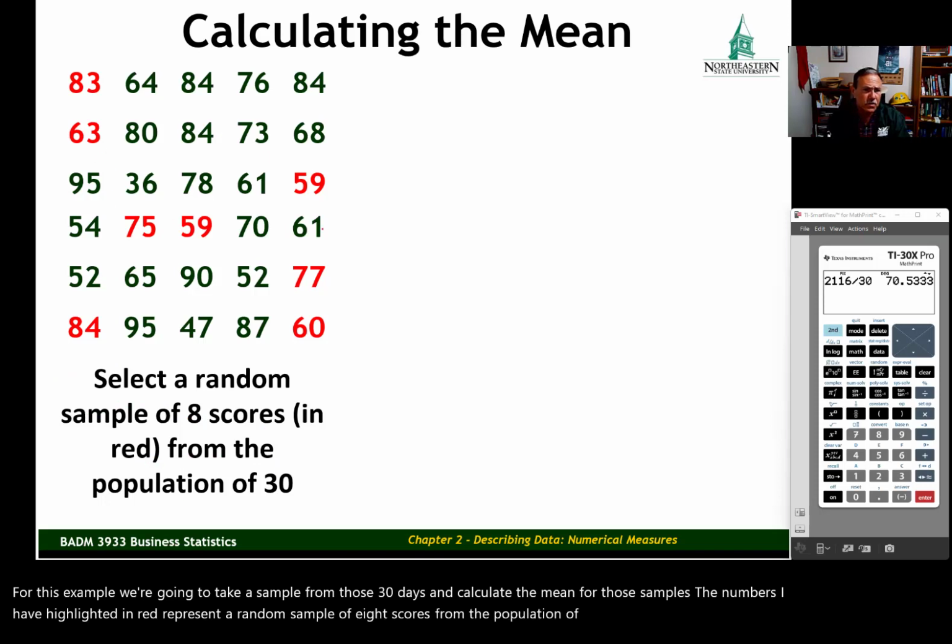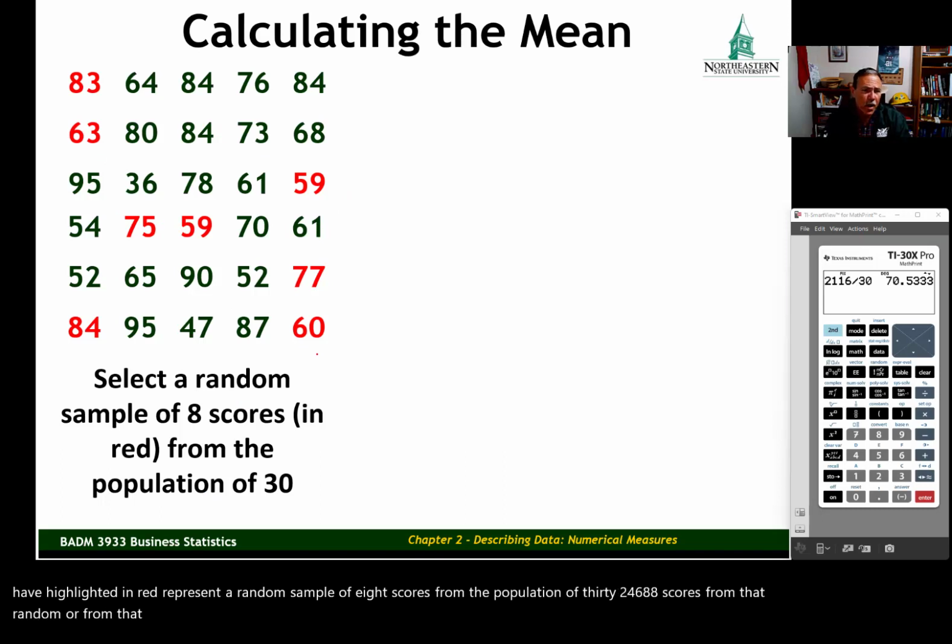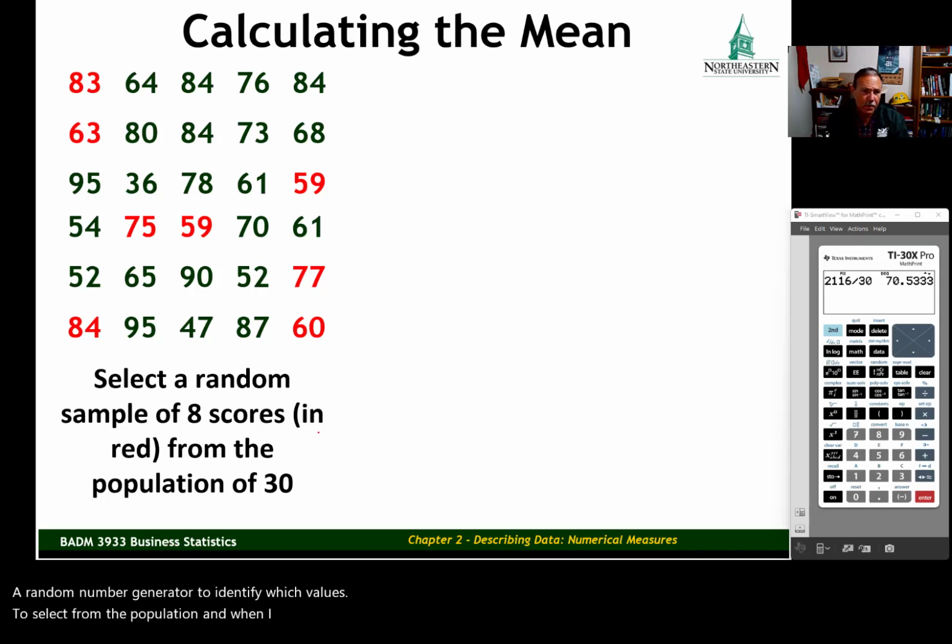When I say random sample, they truly were randomly selected. I used a random number generator to identify which values to select from the population. And when I did that, this is what we came up with.